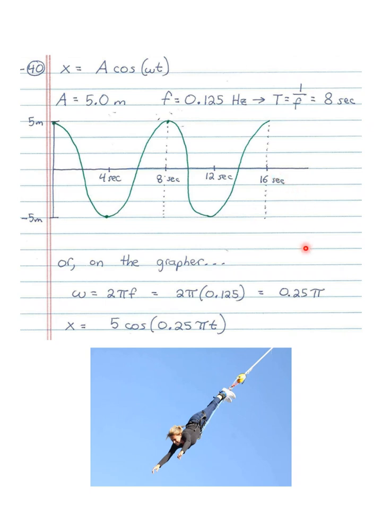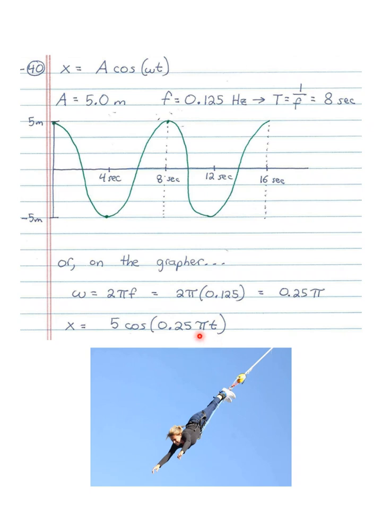Now, if you have a graphing calculator, you can do this on the graphing calculator. The graphing calculator is going to want you to plug in a function like you see where my red pointer is, x equals, and we need a cosine curve. And the amplitude's kind of obvious, 5 times cosine of, but then we need to be in radians mode for our calculator, and the coefficient on t needs to be omega.